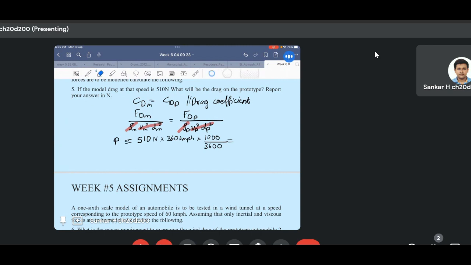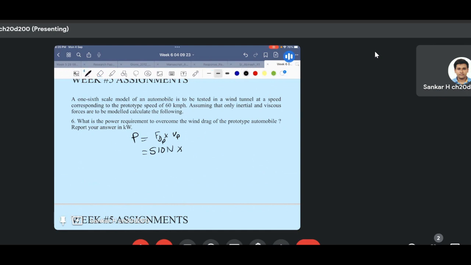Oh, sorry, I shouldn't have written this here. In fact, it goes here: 510 into 360 kilometer per hour times 1000 by 3600 meters per kilometer and seconds per hour. Therefore, we'll get this as 8500 in the SI unit, which is watts, which is 8.5 kilowatts, which is the answer for this question.